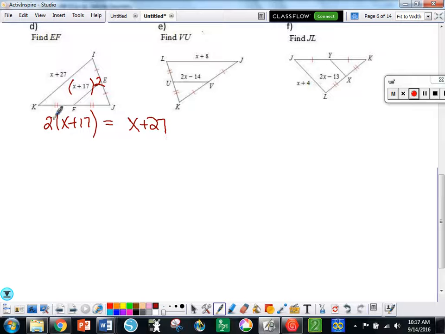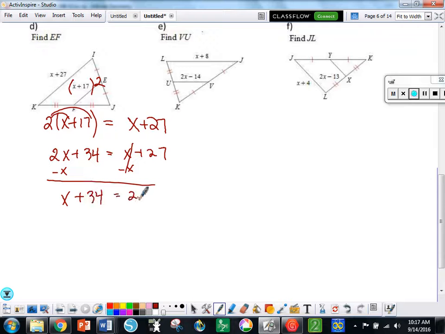So distributing this, 2x plus 34 equals x plus 27. Subtract the x. x plus 34 equals 27.